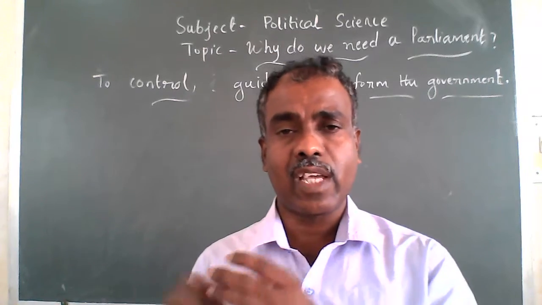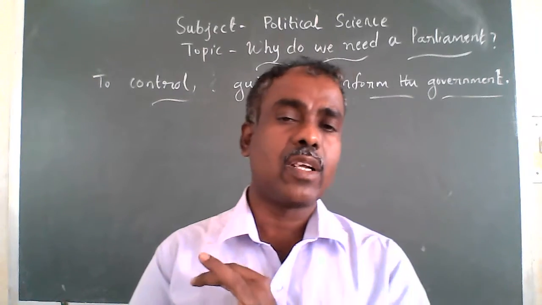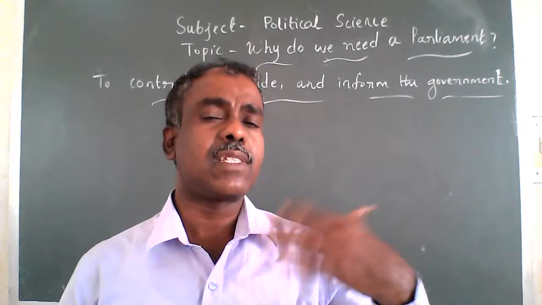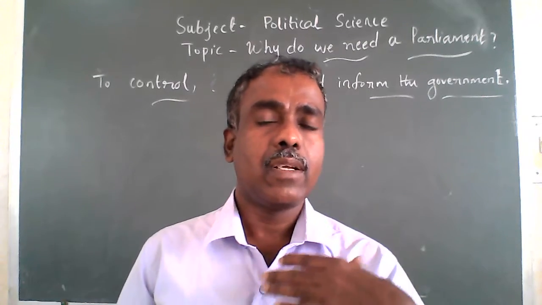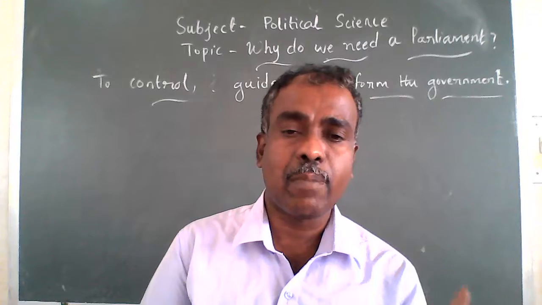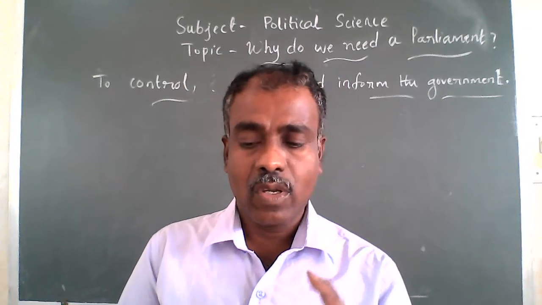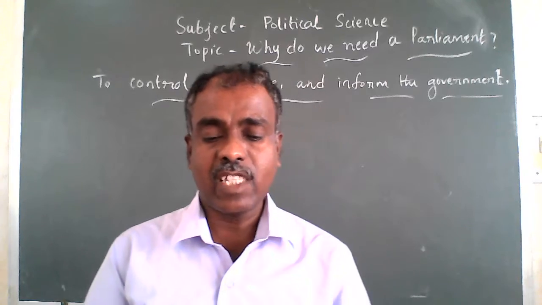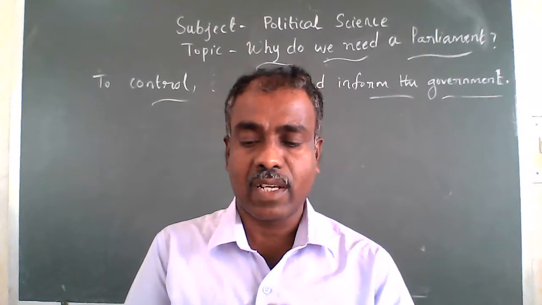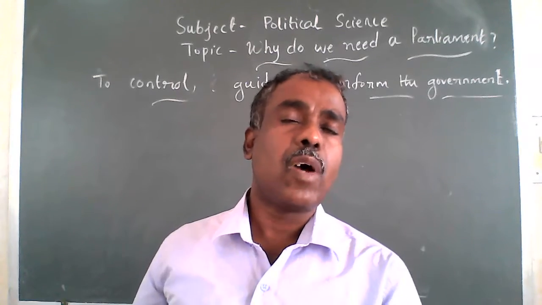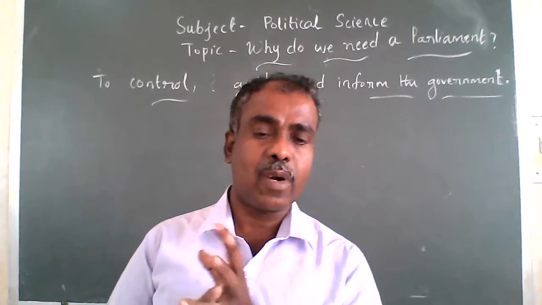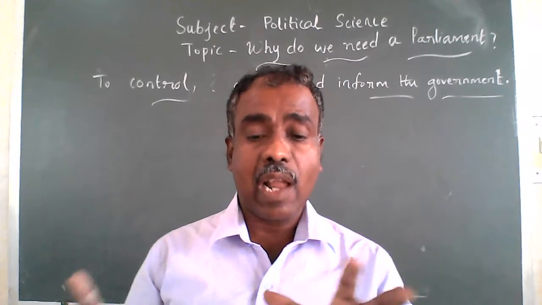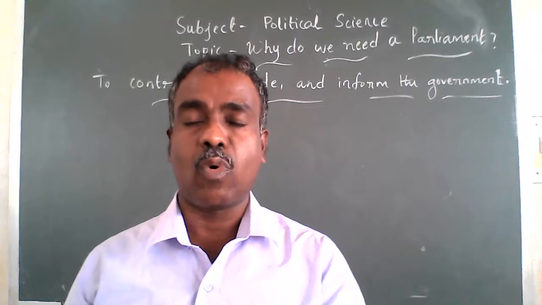Even if the government is doing good, or the policies are not sufficient or not favorable to the people, they highlight the drawbacks, and the opposition party leaders or MPs also mobilize popular support for their own policies.